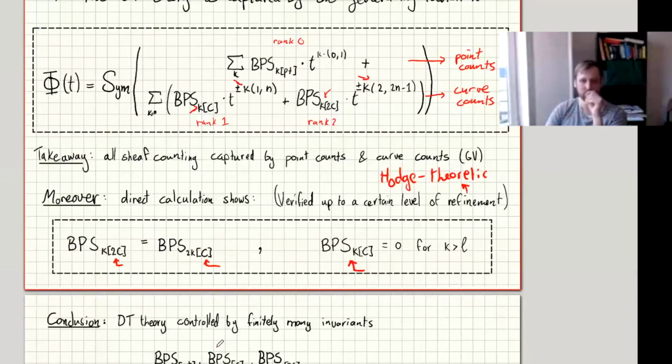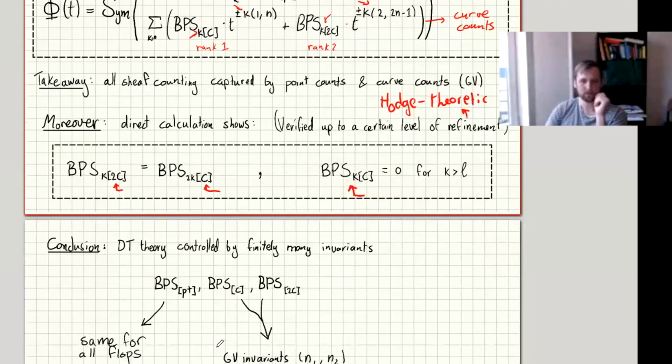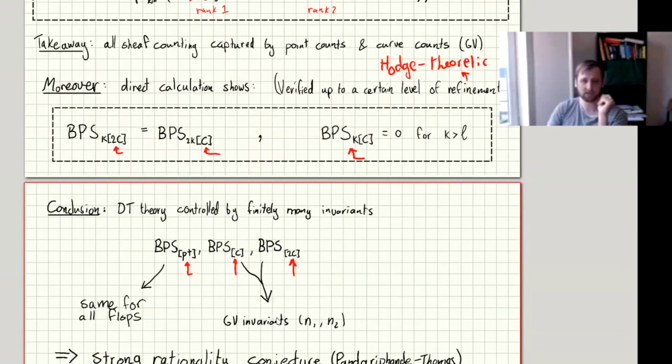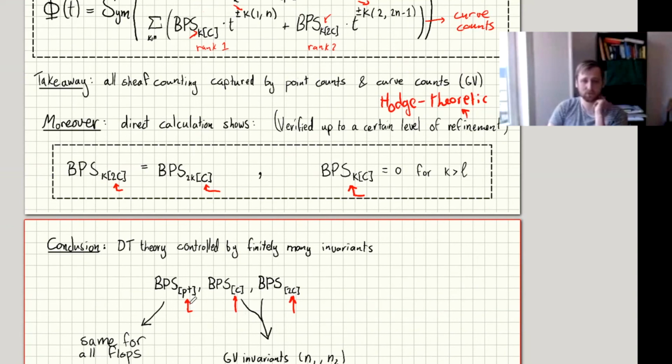So there's the count of points, count of rank 1 sheaves, and count of rank 2 sheaves. And these correspond nicely to the 2 GV invariants, which we talked about earlier.